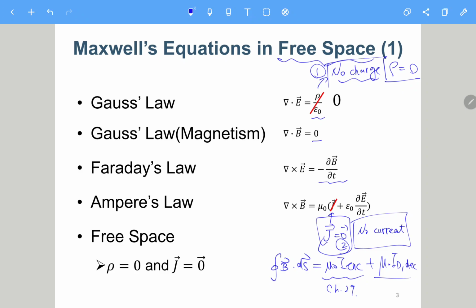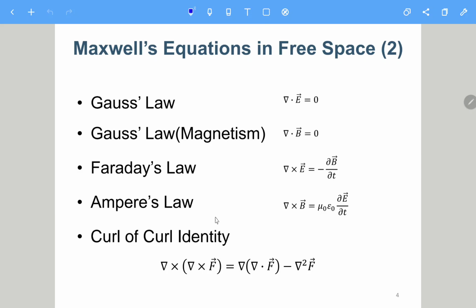So we don't have any charges or current to interfere with the propagation of the E field and B field. That's why it's called free space. If there were some current, it would generate some B field and make the B field in the space different. So these are the two conditions for free space: no charges, no current, rho equals zero, J equals zero.